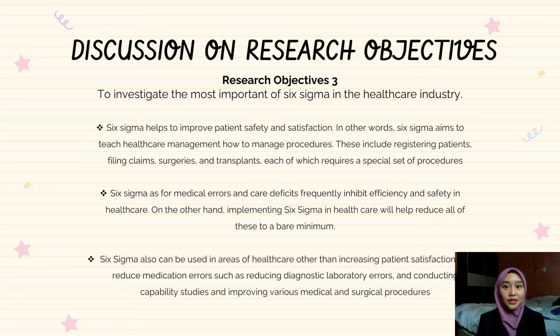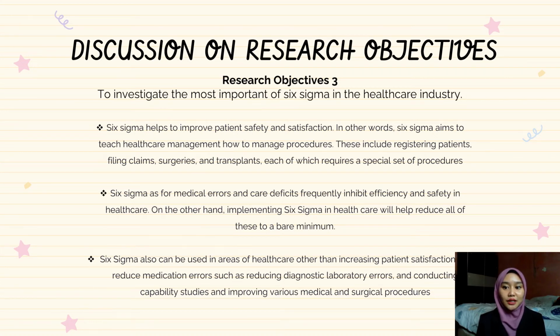Discussion on Research Objective 3: to investigate the most important role of Six Sigma in the healthcare industry. Six Sigma helps to improve patient safety and satisfaction. In other words, Six Sigma aims to teach healthcare management how to manage procedures.